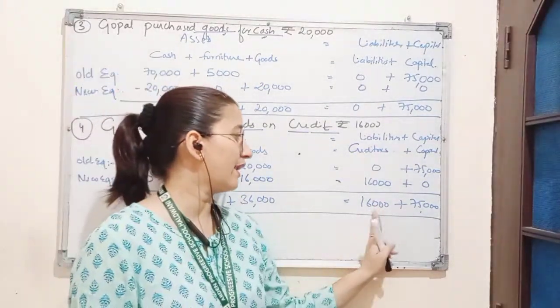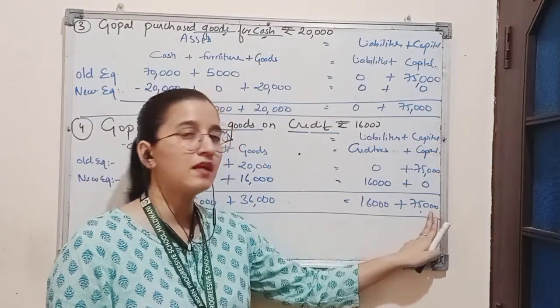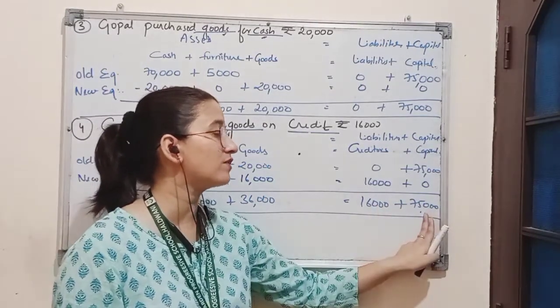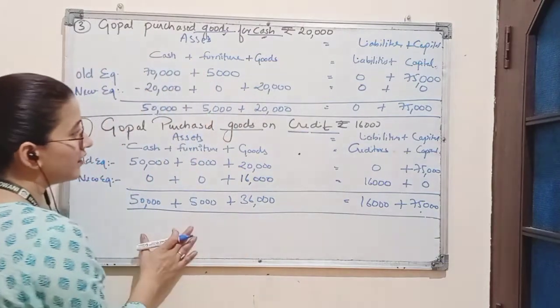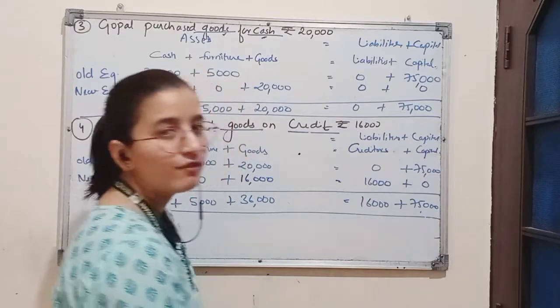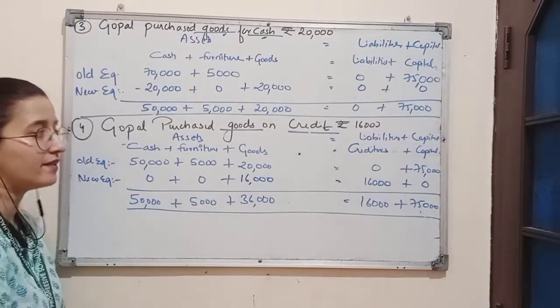Here we will total the liability side, creditors amounting to 16,000 and capital amounting to 75,000. So if we add 16,000 plus 75,000, we will get the amount 91,000. So we can say here asset side total is equal to total of liabilities side. So this is how the equation is balanced.